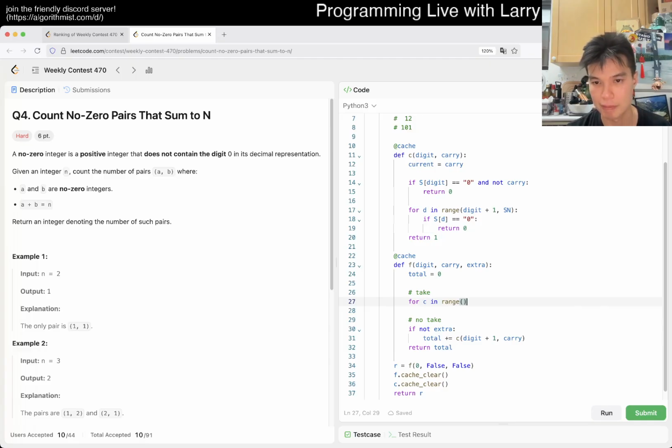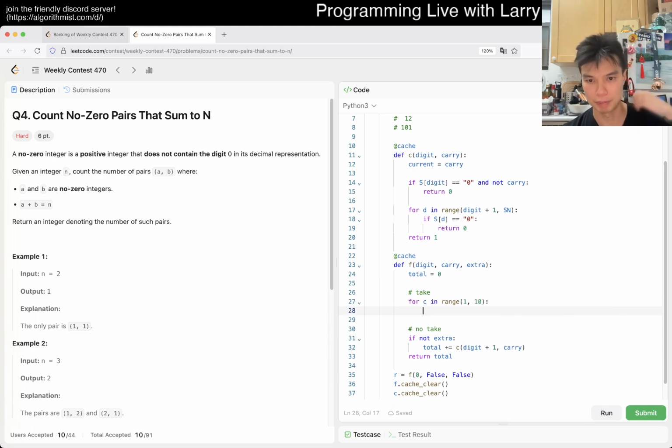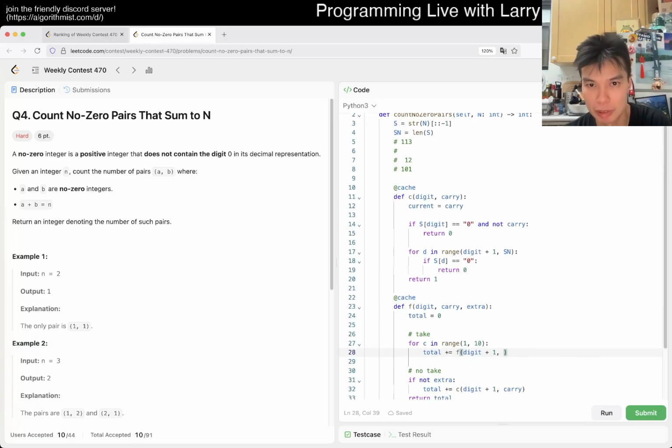Let's see for current from 1 to 9, right? What am I doing? Right? Plus 1. Is there a carry? What does that even mean? What am I trying to do here? Okay, so we're looking at this digit.